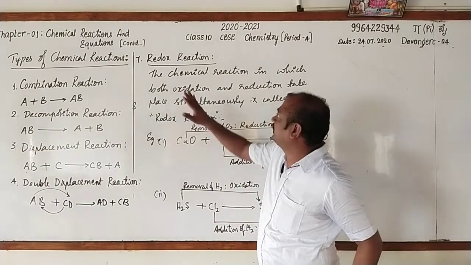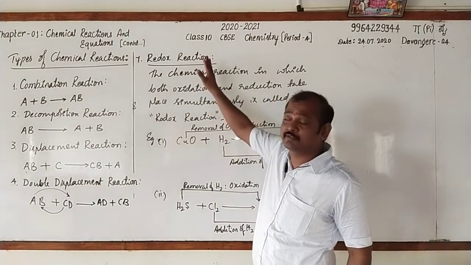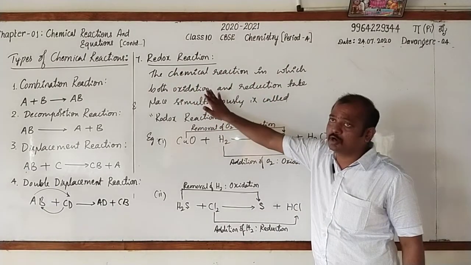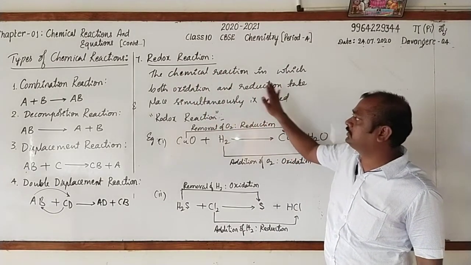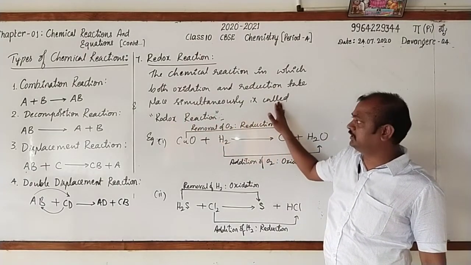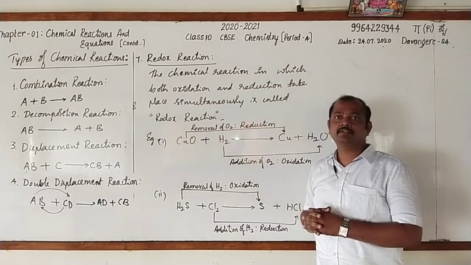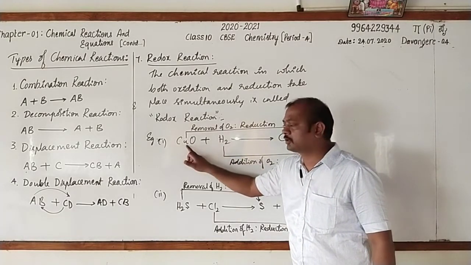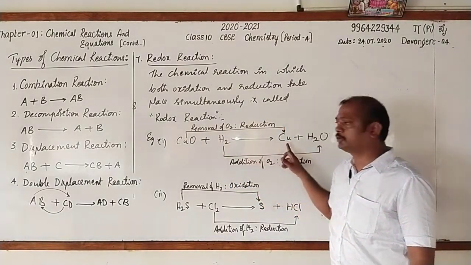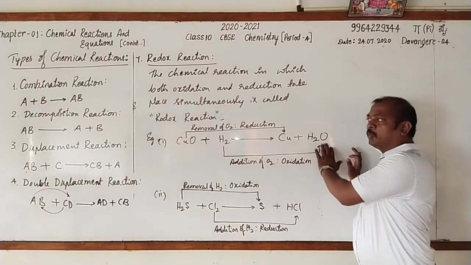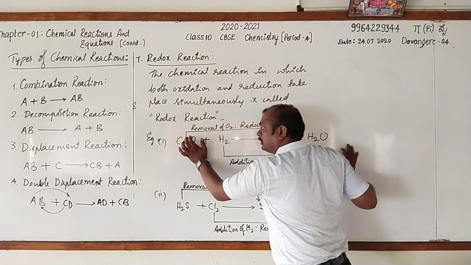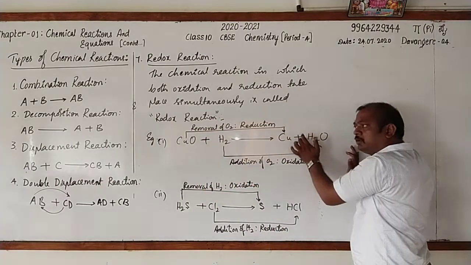Dear students, here I have written the definition of redox reaction. Observe this. The chemical reaction in which both oxidation and reduction take place simultaneously is called redox reaction. Here I have taken two examples. The first one is copper oxide reacts with hydrogen to produce copper and water. Here oxygen is present in copper oxide, so this oxygen has been removed.